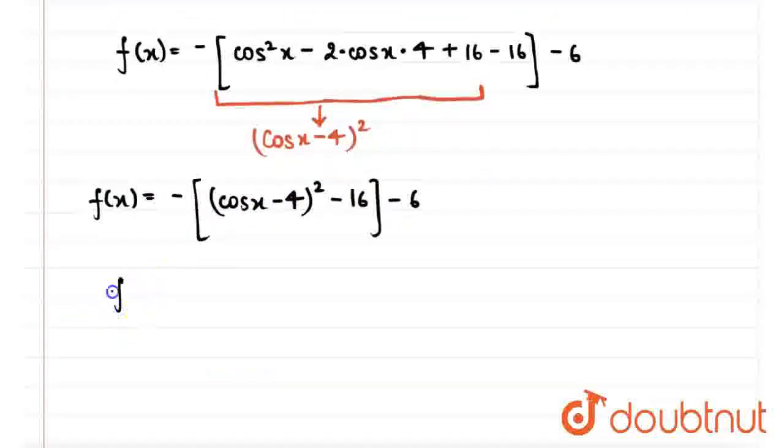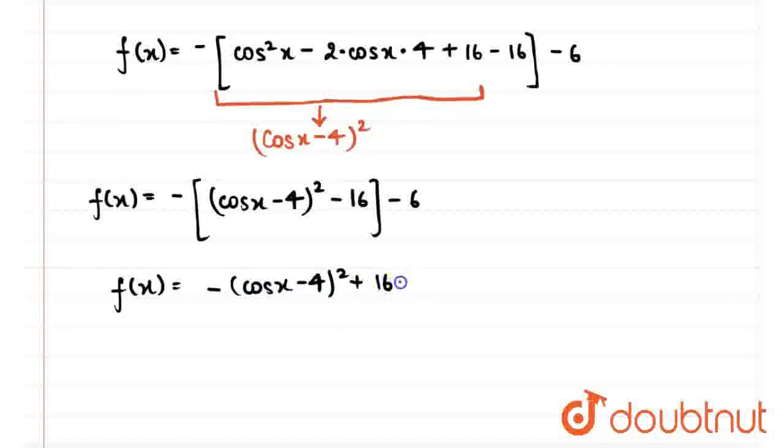So we have f of x is equal to minus of cos x minus 4 whole square plus 16 minus 6. So we have our function f of x is equal to minus of cos x minus 4 whole square plus 10. Right.